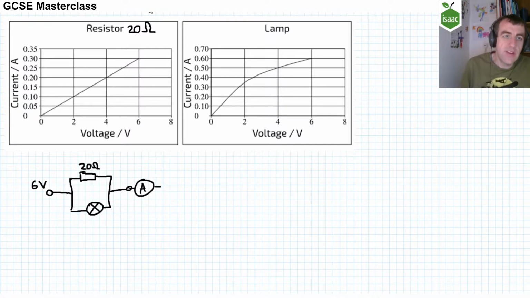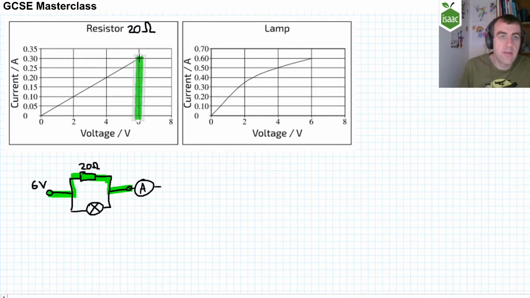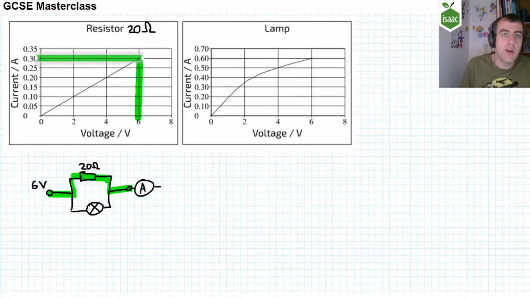Okay. Well, if it's 6 volts across the top resistor, so we pick up 6 volts, we drop them all off, and that's all we've got, we can work out the current. 6 volts over 20 ohms, 0.3 amperes. So I know that I've got 0.3 amperes in that top branch. But what about the bottom branch?